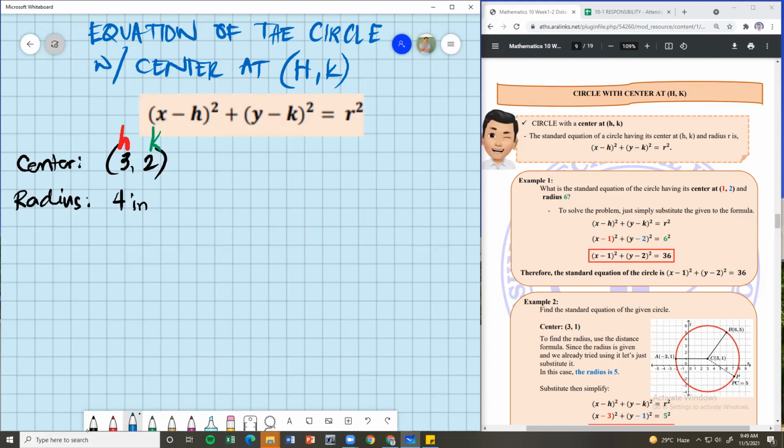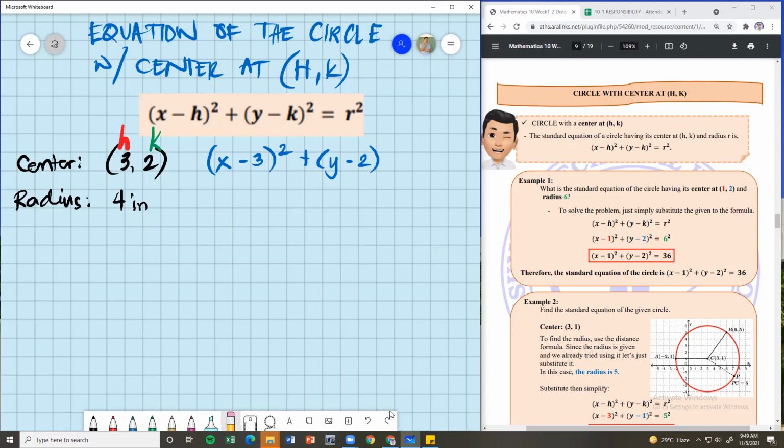So for our formula, we have x minus our h, which is 3. Parang familiar ito. This looks familiar from your distance formula a while ago. Squared, plus y minus your k, which is 2.